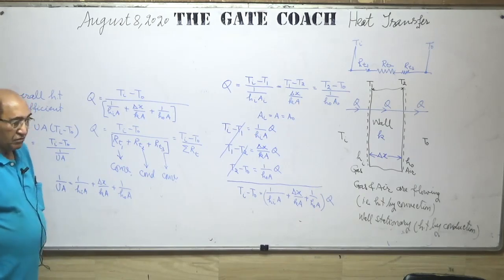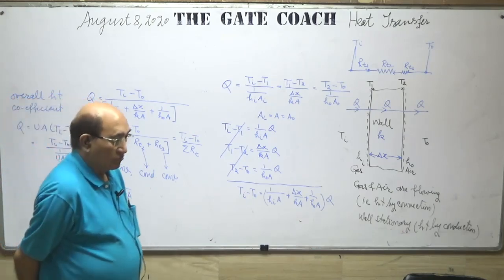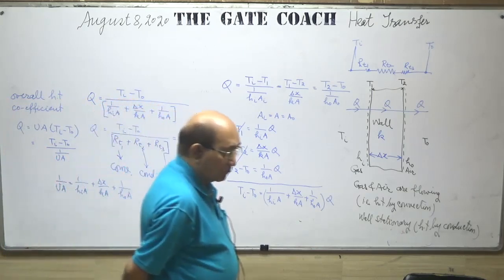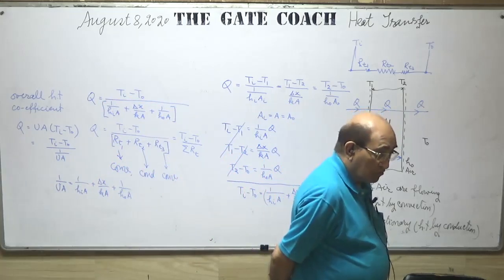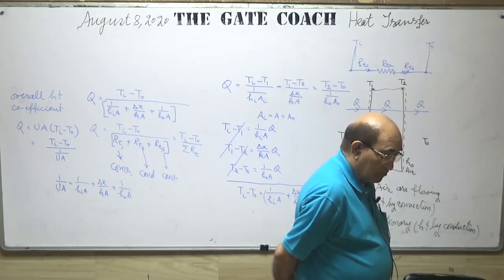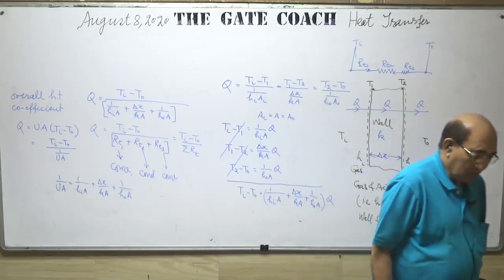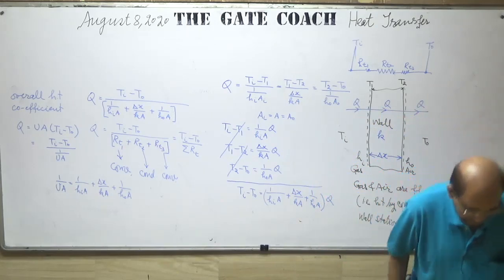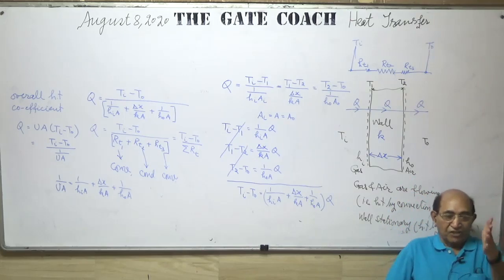So, any point requiring clarification? Sir, all resistance of air covered in that stationary bin. So someone is asking that all resistance of air is covered in that stationary bin. There is a wall.